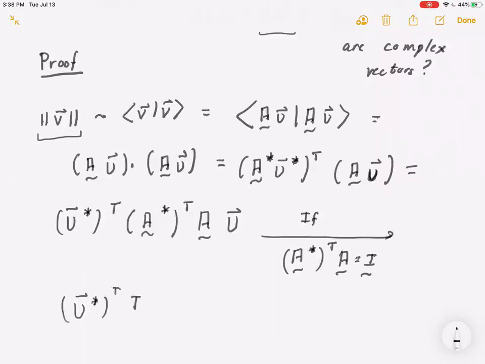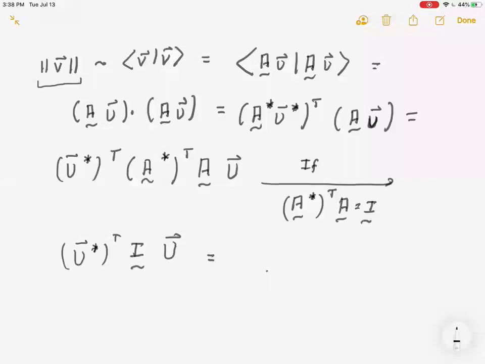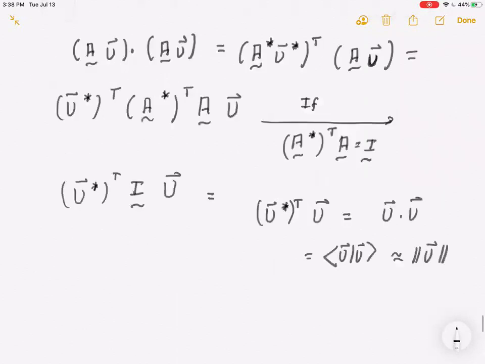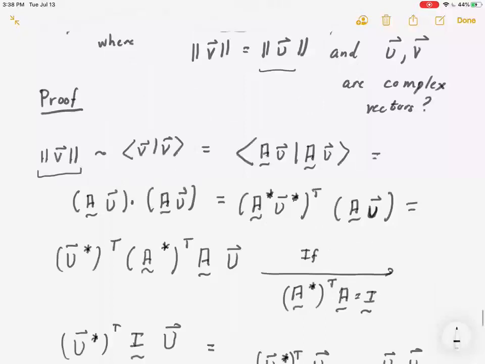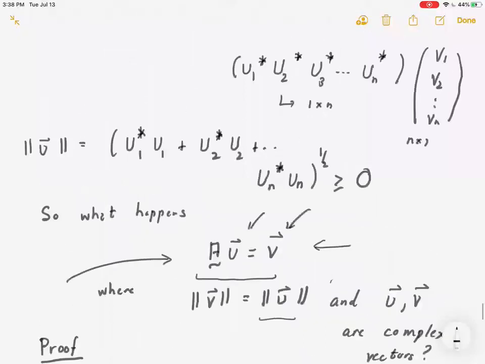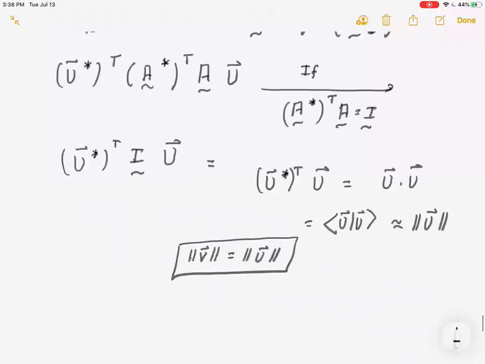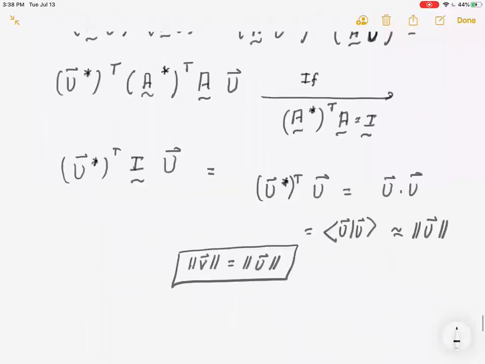Because if that's true, then I simply have that, which is the same thing as this, which is the same thing as this inner product, which is proportional to the norm of U. And I have a proof that says that the norm of V is the same as the norm of U once I act on U with A, provided that this condition is true.